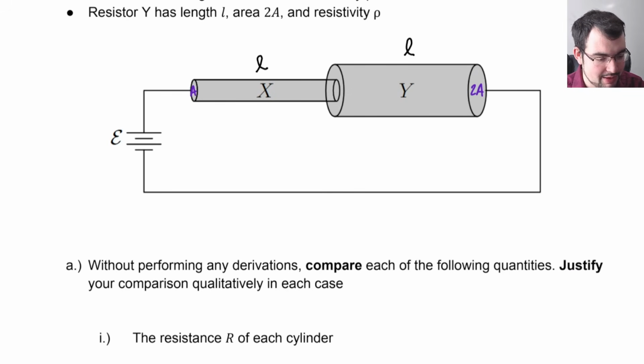And current you can think of as being at least related to how fast these charge carriers move. So if you're cramming these charge carriers in a smaller area, they got to move faster to generate the same flow rate. Think about it as water through a pipe. If these are pipes and they're pumping the same number of gallons per second, you don't have to be moving the water as quickly through the big pipe to get the same volume.